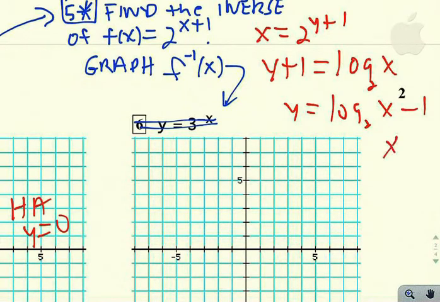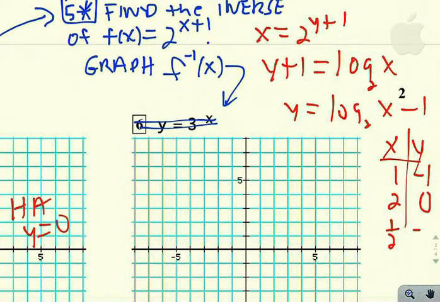If we plug in 1, y would be, well, let's see, log to the base 2 of 1 is 0, minus 1 is minus 1. And if x is 2, log to the base 2 of 2 is 1, minus 1 is 0. And if x is 1/2, log to the base 2 of 1/2 is minus 1, we get minus 2.